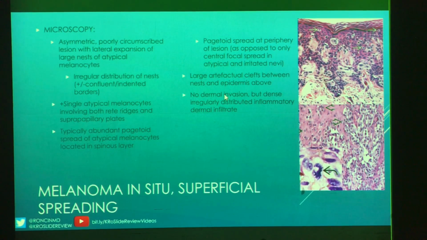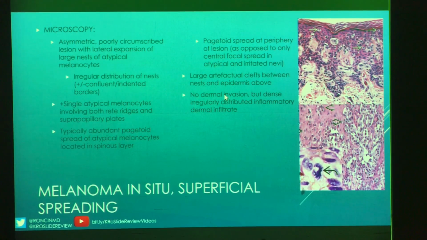which again brings us to our next point, which is the abundant pagetoid spread within the spinous layer. So again, that very superficial epidermal spread of these atypical melanocytes, and you can see the spread at the periphery of the lesion, which is what we appreciated. The pagetoid spread was on the outside, and our nests were more in the middle. You can see artifactual clefts.